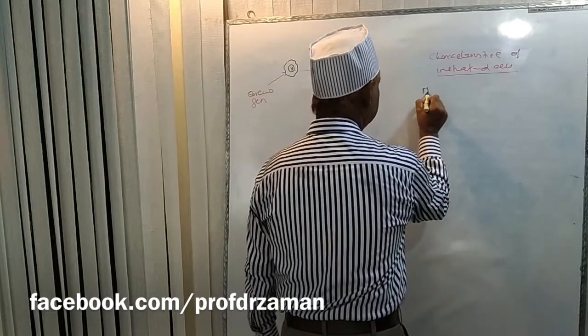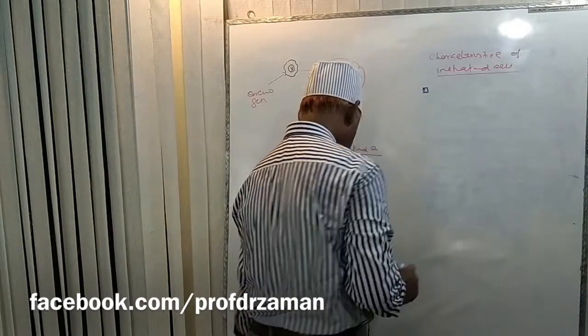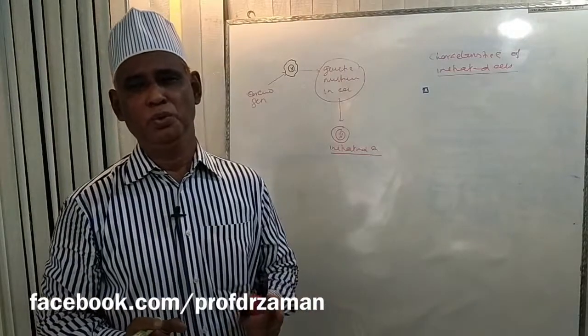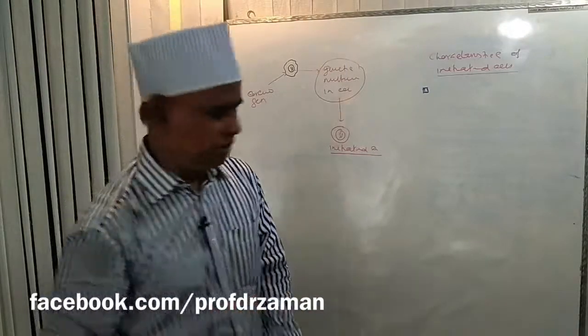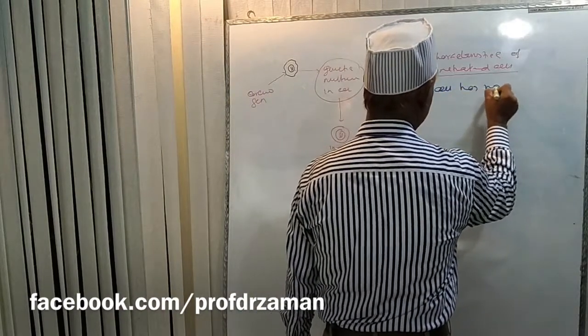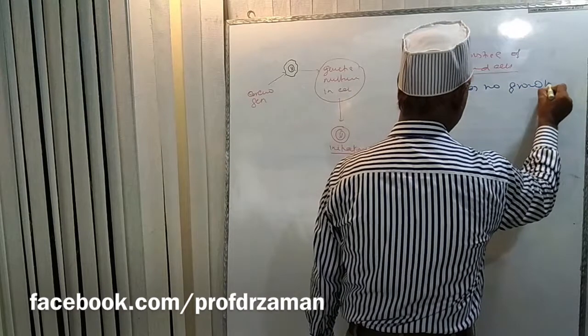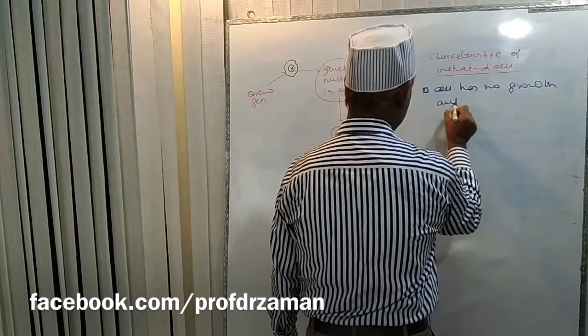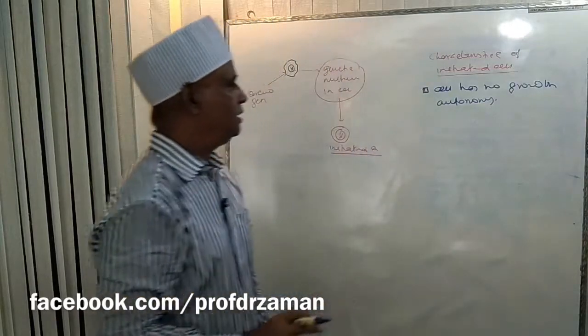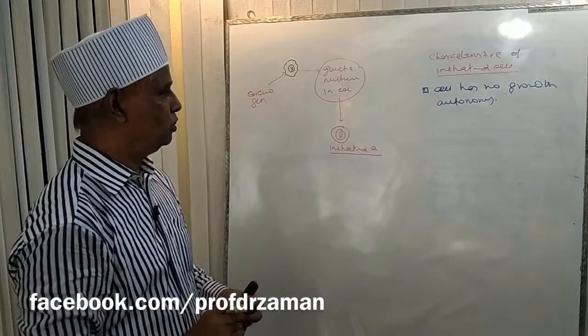Characteristics of initiated cell. Number one, the cell has no growth autonomy.